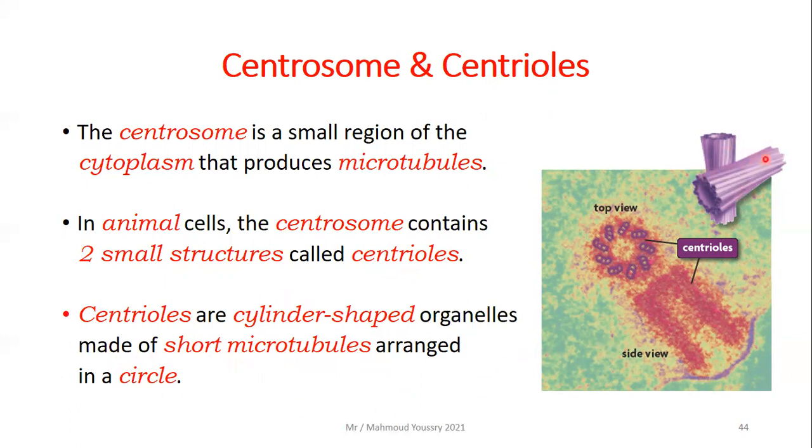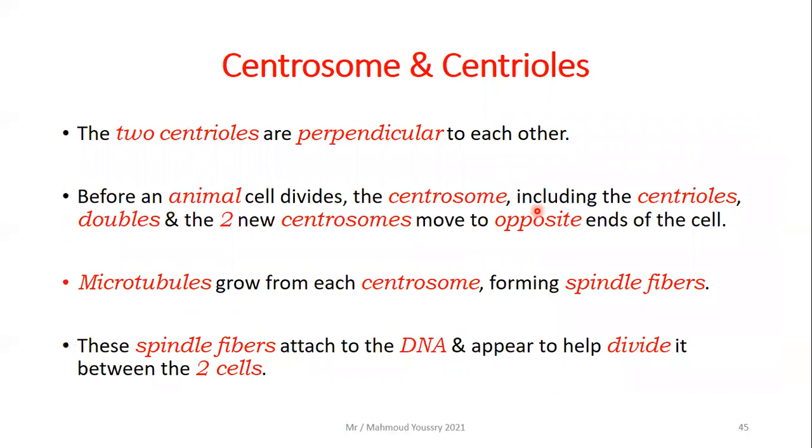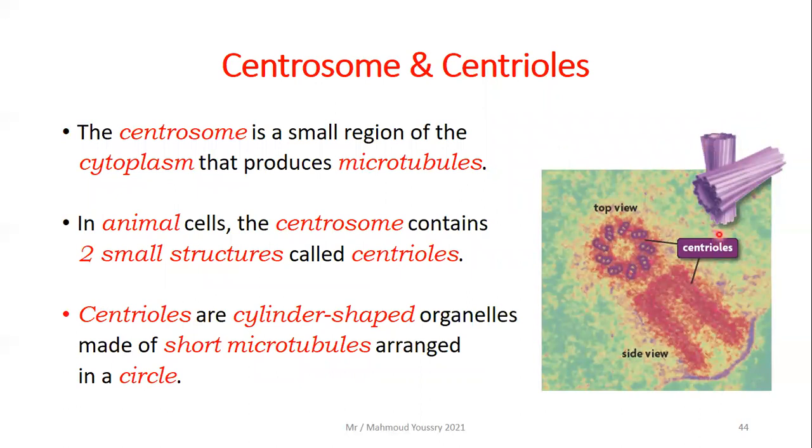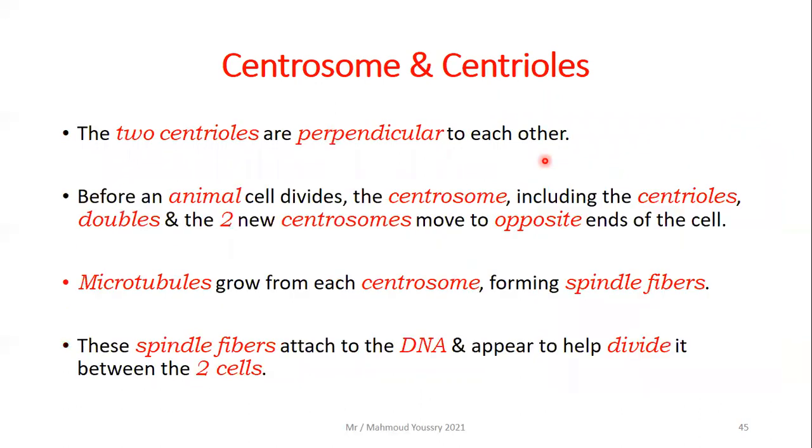So as you can see, they are microtubules arranged in a circle like a cylinder shape. These are centrioles, a top view, and this is a side view. The two centrioles are perpendicular to each other, as you can see.